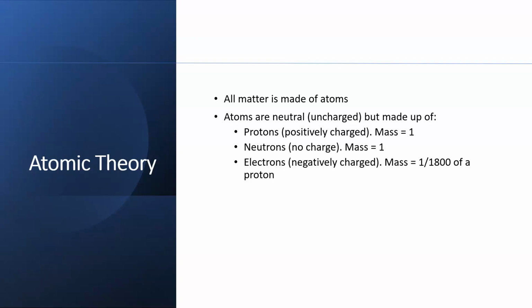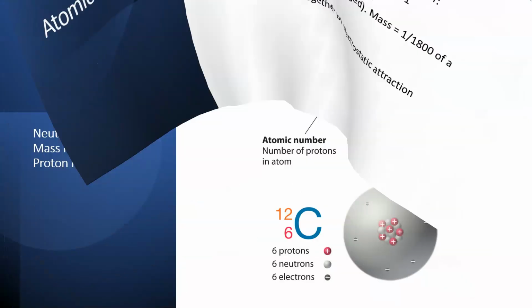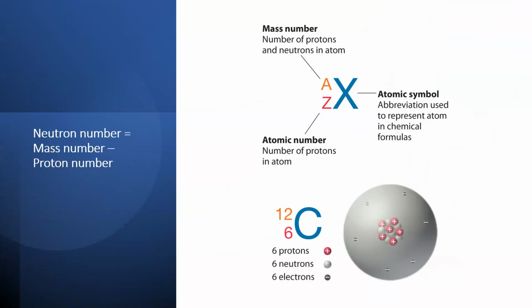So neutrons, neutral, protons positively charged, electrons negatively charged. Well, our atoms are held together by what we call electrostatic attraction, and that's that opposites attract. Your positive charge and your negative charge attract, and we'll come back to that later with metallic bonding.